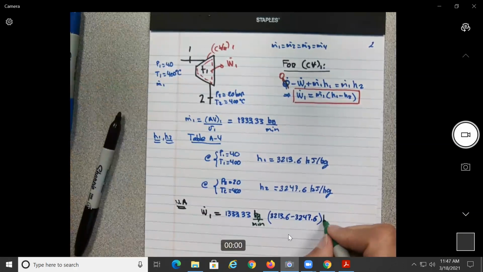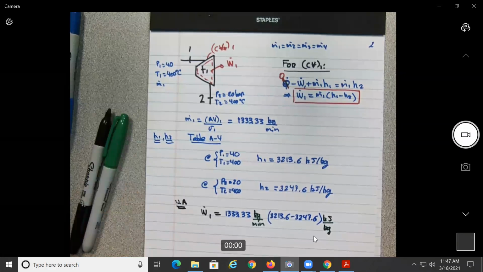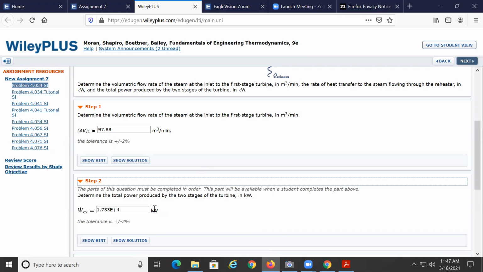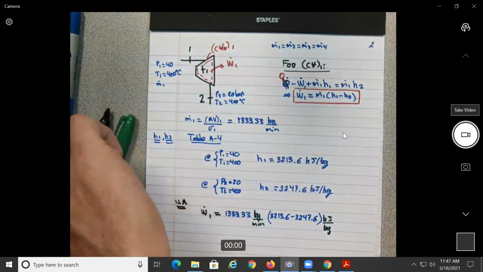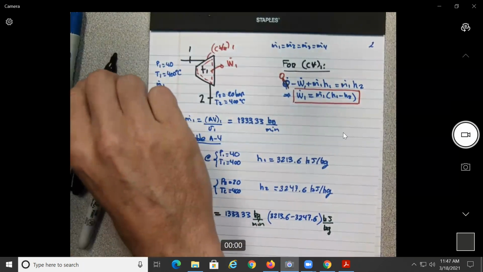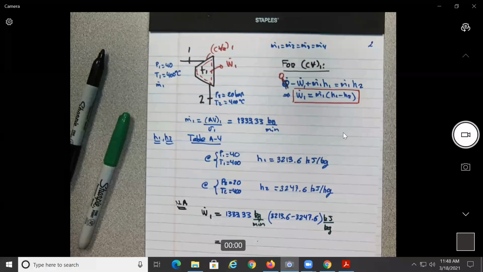This is kilojoules per kilogram. And they want the power in what units? I think they're going to want kilowatts, but yeah, kilowatts. Okay. All right, so do this calculation because I'm not going to have space here. Kilowatts is per hour, right? Kilojoules per hour? It's kilojoules per second. Oh, per second. That's why we're going to have to transform those minutes into seconds. I mean, since you mentioned it, maybe.